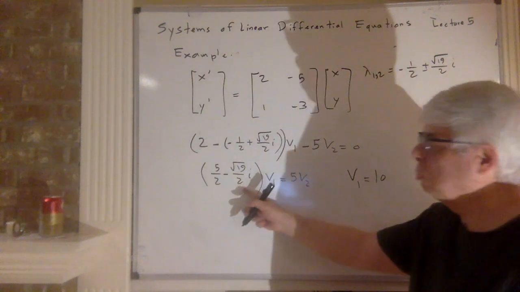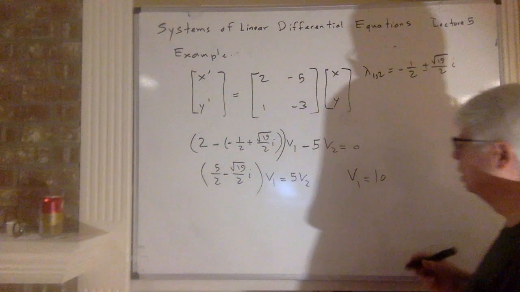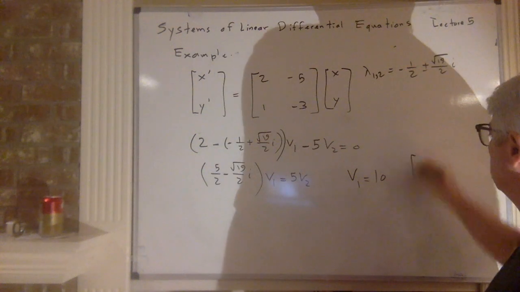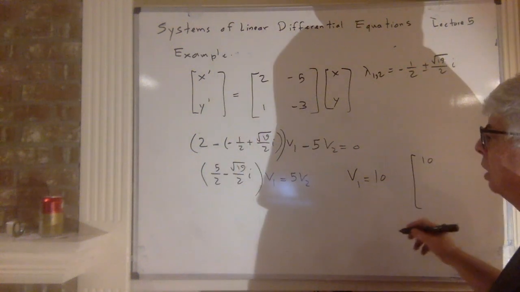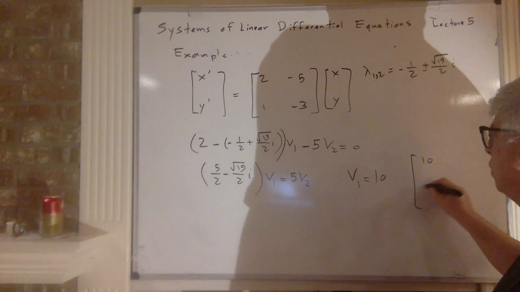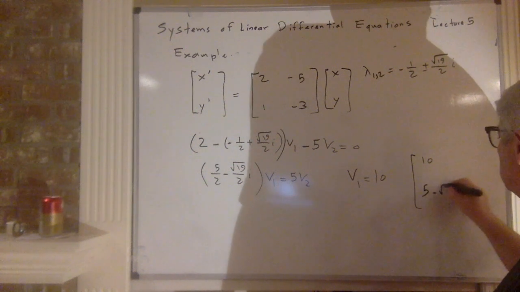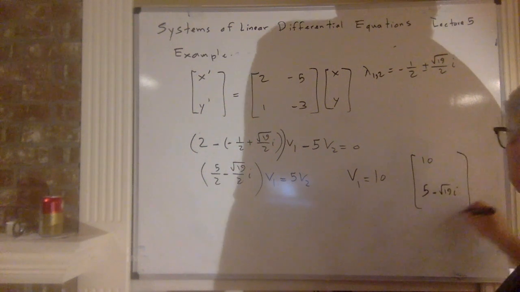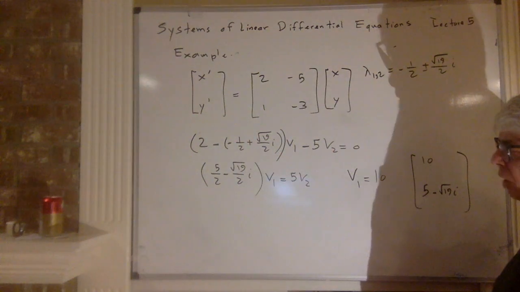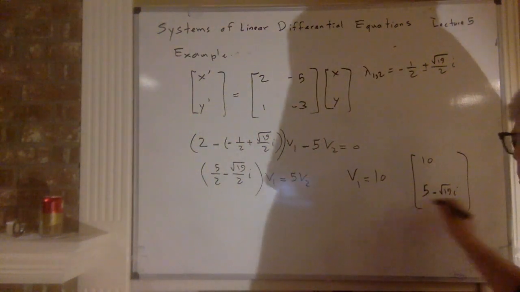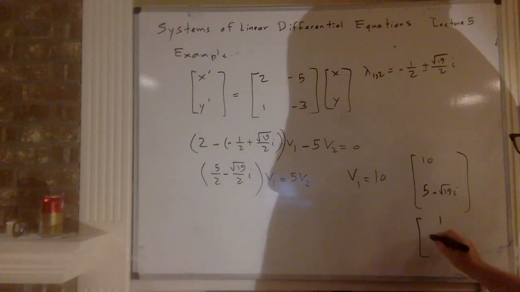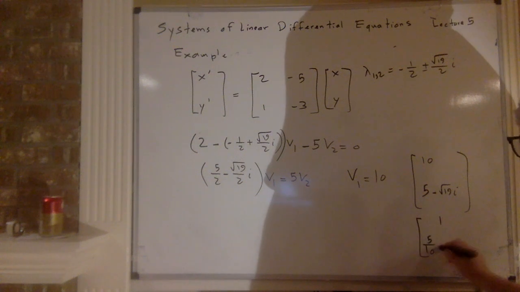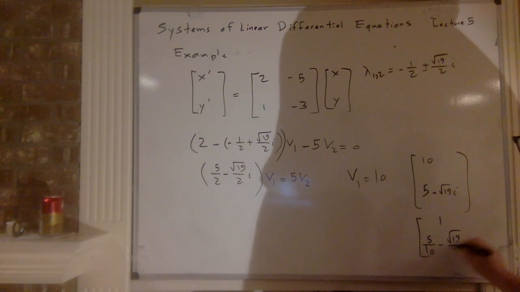So this divided by 5 will give me 10 here, 10 here. And so this gives me 10. If it is 10 here, then I have 5 minus square root of 19i. Yeah, if you just divide by 5 without taking this to be 1, then this will be 5 over 10 minus square root of 19 over 10.